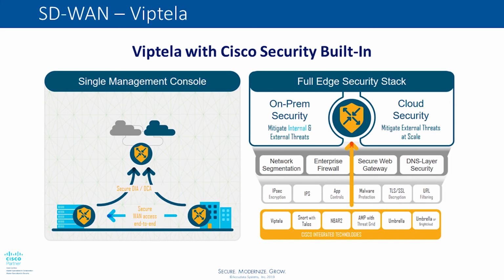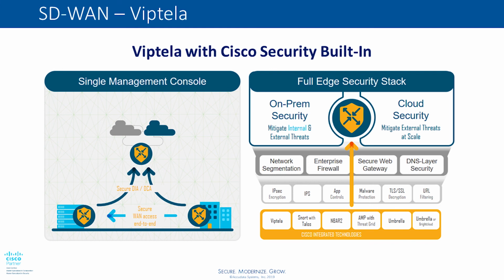Viptela with security built into your WAN deployment. So Viptela by itself has security integrated and built into it by adding URL filtering, malware protection, application controls, IPsec encryption. All these by the already known Umbrella application from Cisco.